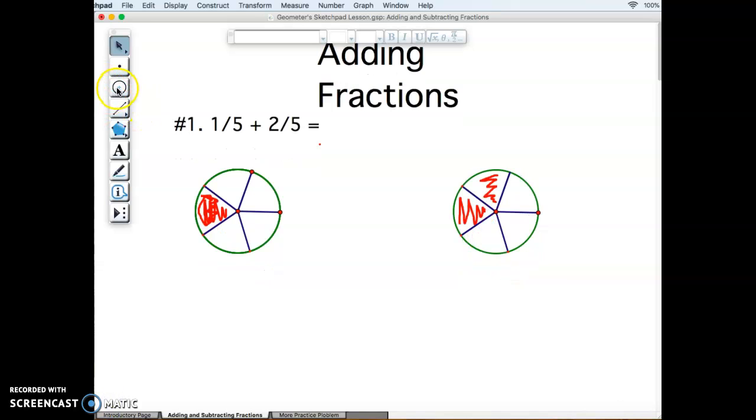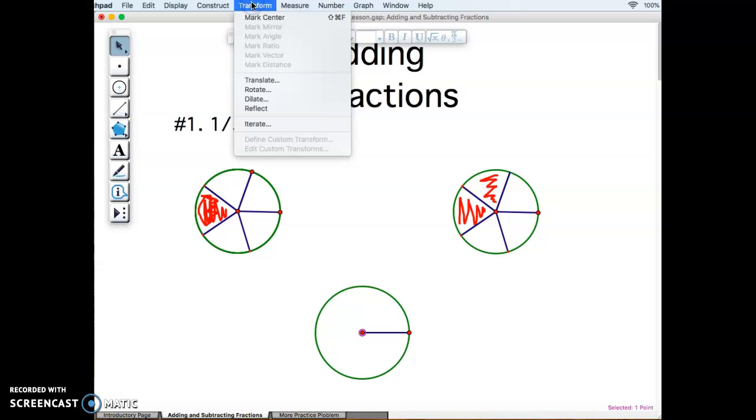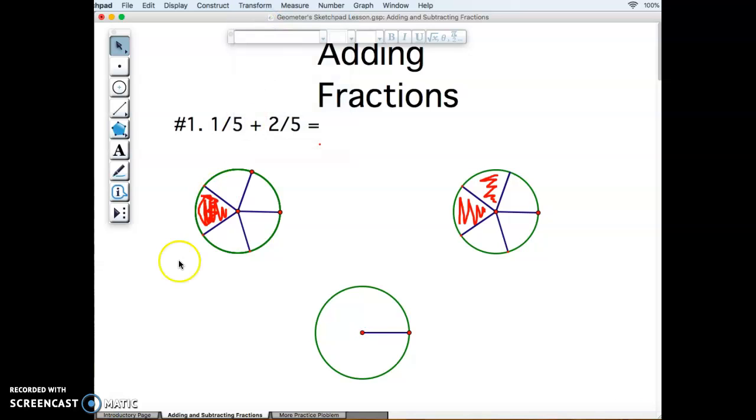So first I'm going to use this tab right here, and I'm just going to simply create a circle. Next, I'm going to create a segment from the middle of the second circle to the outside of the circle, like so. And then I'm going to click on the middle of the circle again and come over to Transform and Mark Center.